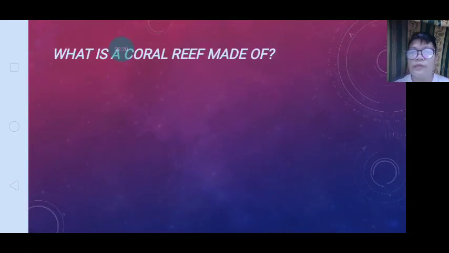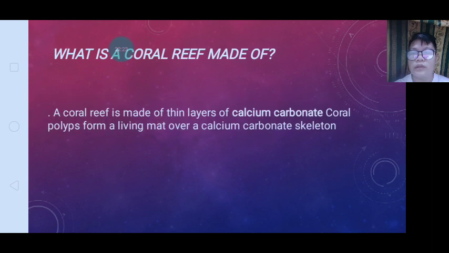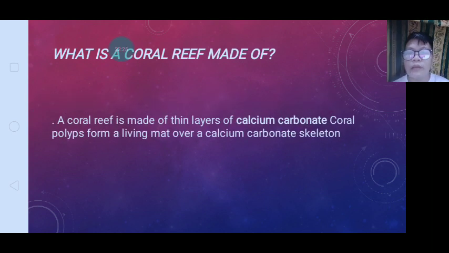So, what is a coral reef made of? A coral reef is made of thin layers of calcium carbonate. Stony corals, which have a calcium carbonate skeleton, are the corals primarily responsible for the laying of the foundation and the building up of reef structures.